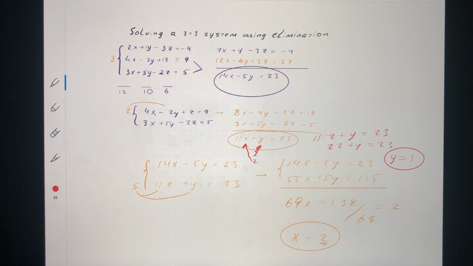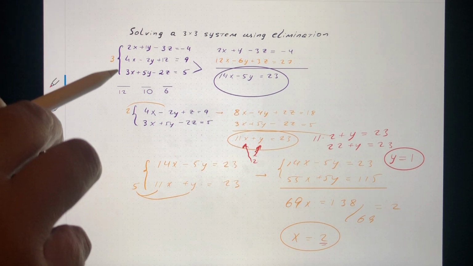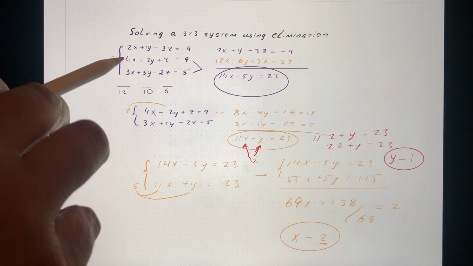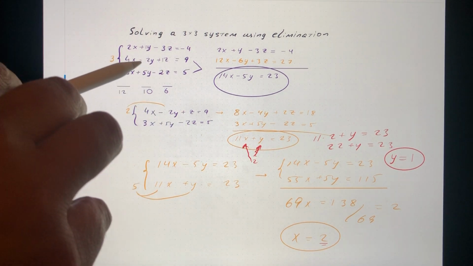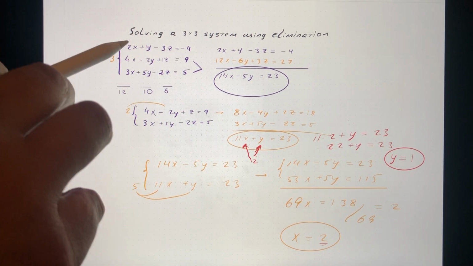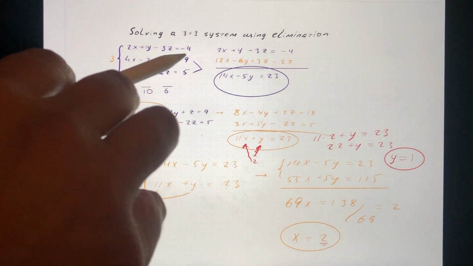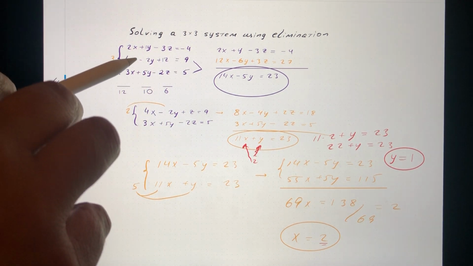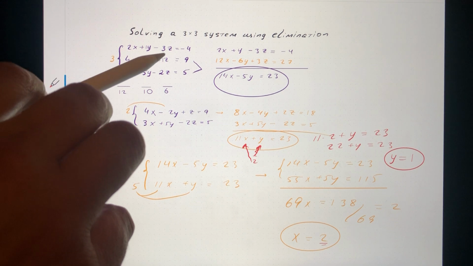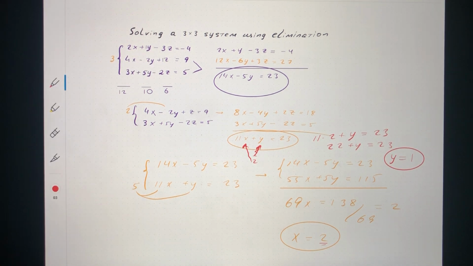And to find z, all we need is any equation that has z's in it. How about the middle one? That one has the smallest numbers of the three equations. So let's go back to this and use the answers for the x and the y to get the z. So in this equation, we have 4 times x, which is 2, minus 2 times y, which is 1, plus z is 9.